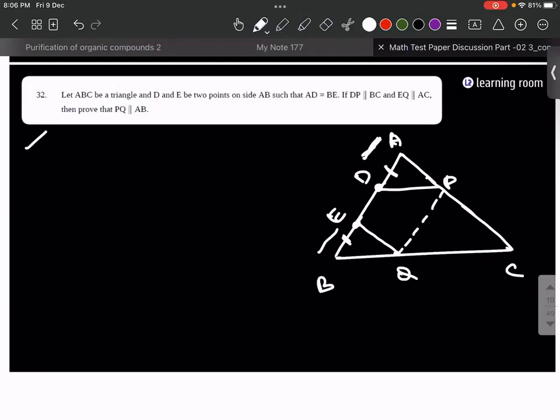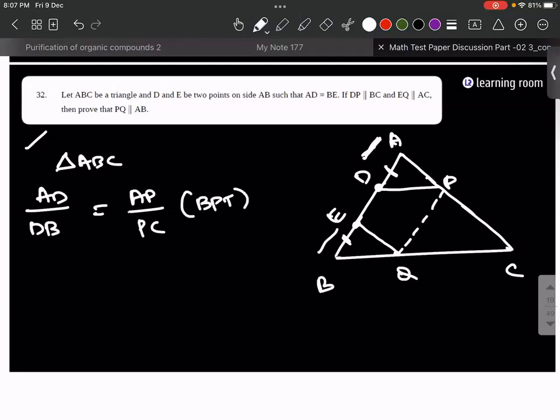In triangle ABC, AD by DB is equal to AP by PC due to BPT, and BQ by QC is equal to BE by EA, also due to BPT.